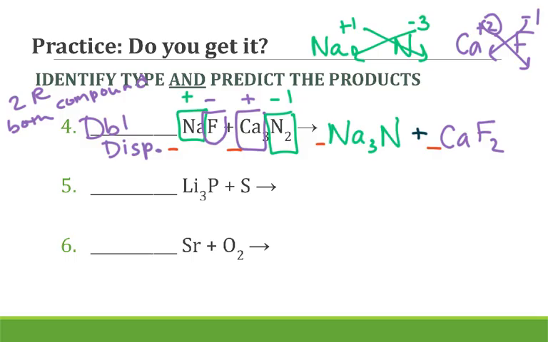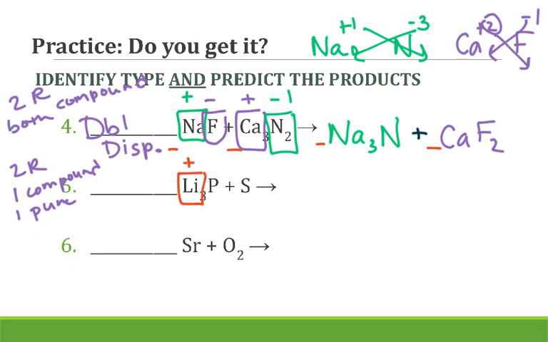All right. Number 5, looking at what I have, two reactants. One is a compound and one is a pure element. One is by itself. So the only thing that those can do is that our like element is going to switch partners. So with this, let's take a look at what we have.